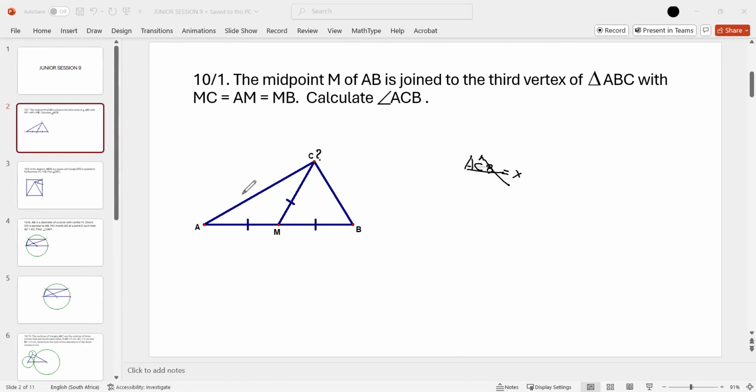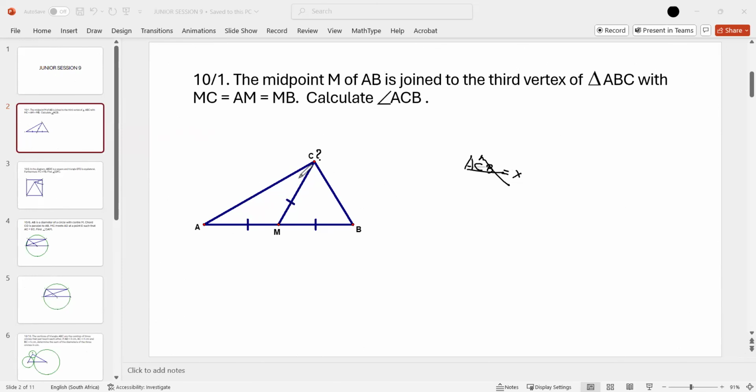So in this case, we need to calculate angle ACB, but no angles are given at all. But what we can see in this picture are two isosceles triangles, because you've got MA equals MC. So this triangle MAC is isosceles. Now, you know that in an isosceles triangle, if two sides are equal, then the angles opposite those sides are also equal.